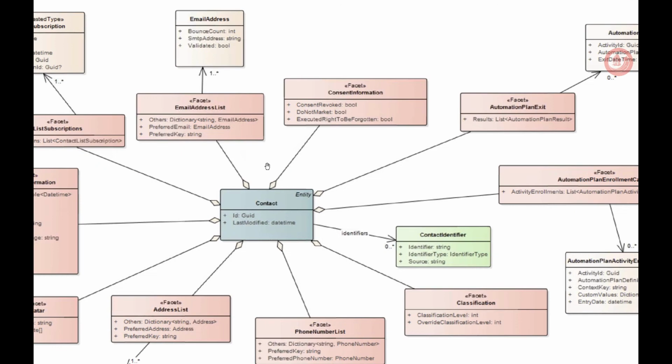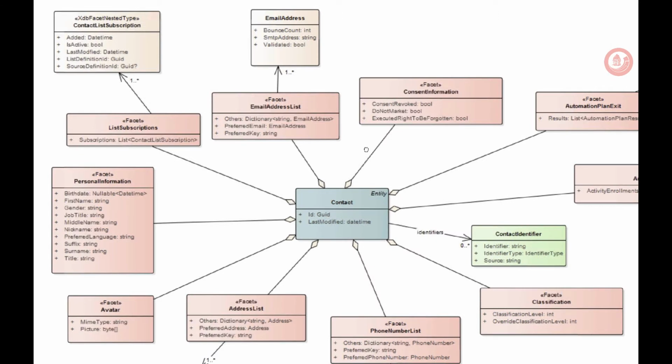Contact entity has details like the email address facets and consent information. From Sitecore 10 onwards, you will have a consent information facet. This is very useful to implement GDPR. The list subscription facet holds the details if you have subscribed to any list.